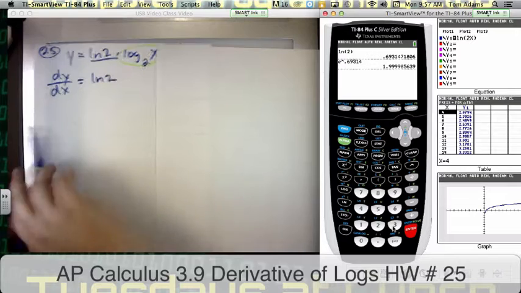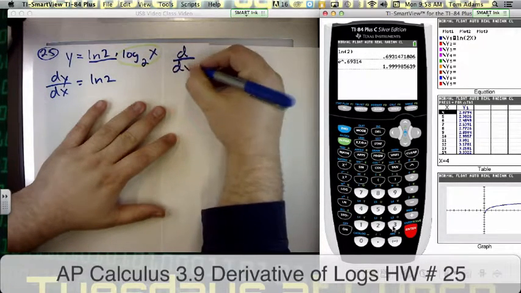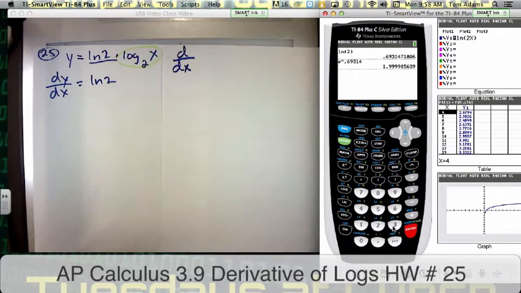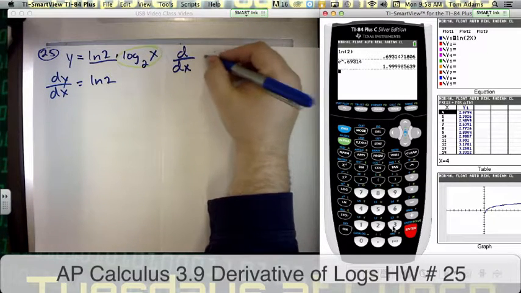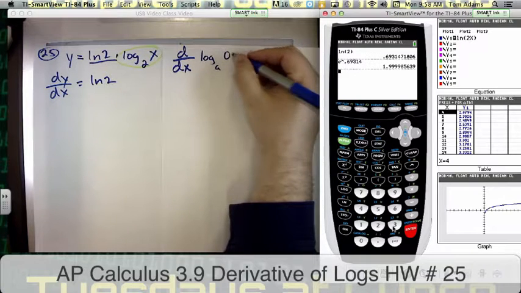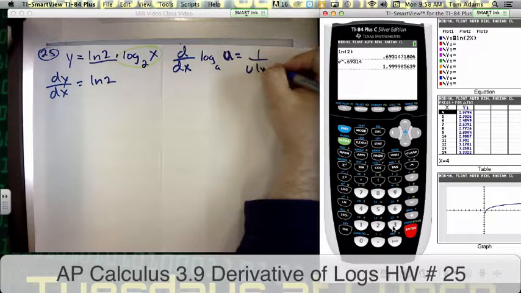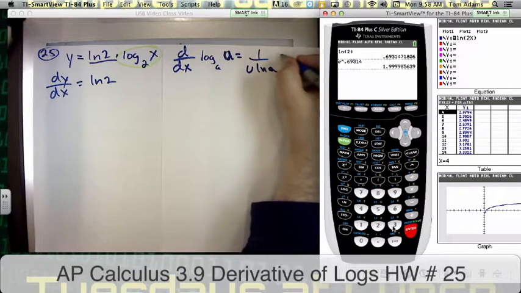Whenever I want to take the derivative of something, and I believe that's on page 175, when I want to take the derivative of log base a of u, the derivative of that is 1 over u, the natural log of the base, which is a, and then you tack on the derivative du dx.